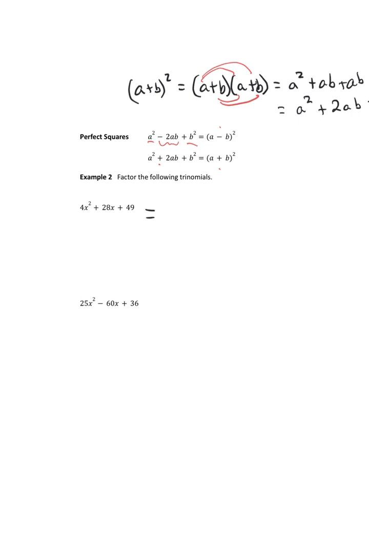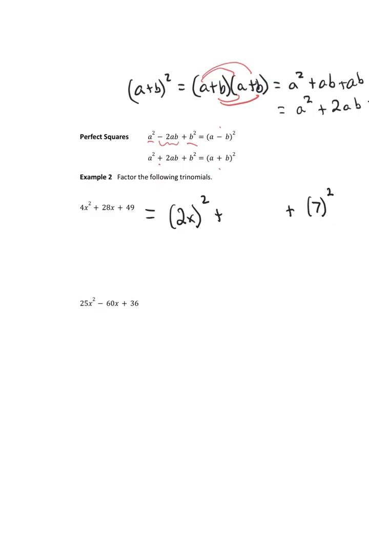Let's think about this. Let's just rewrite these as perfect squares the best we can. So like 4x squared would be 2x in parentheses squared, plus, I'm going to leave that middle term alone for now, leave a little space, and then that last term we see is 7 squared. So here we do have perfect squares on the first and last terms.